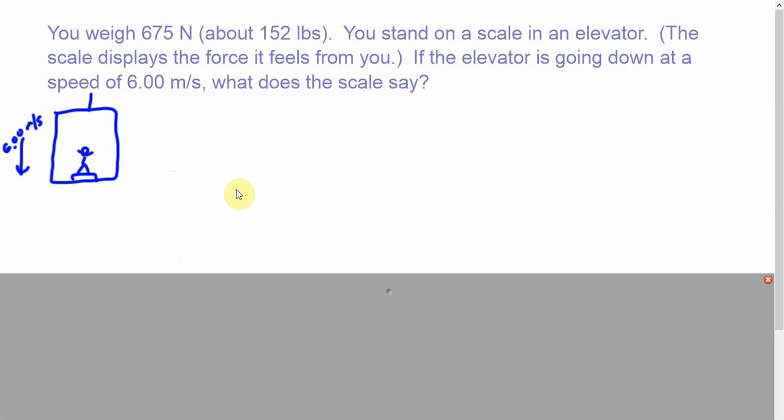So first of all, let's look at the case where you were just in your bathroom. No elevator, you're standing on the scale.